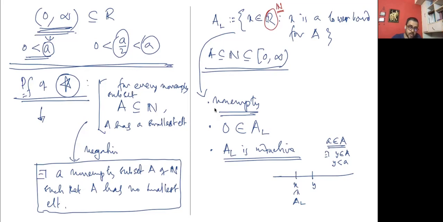But y is not the smallest element because A has no smallest element. So then there will be another element which is even less than y.